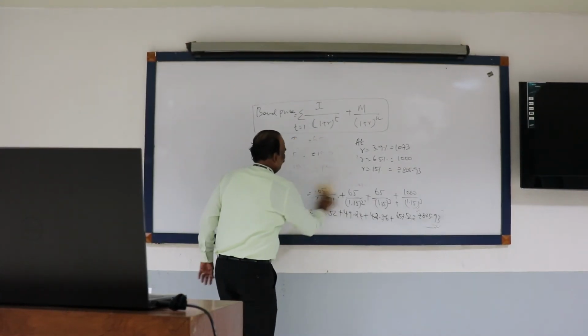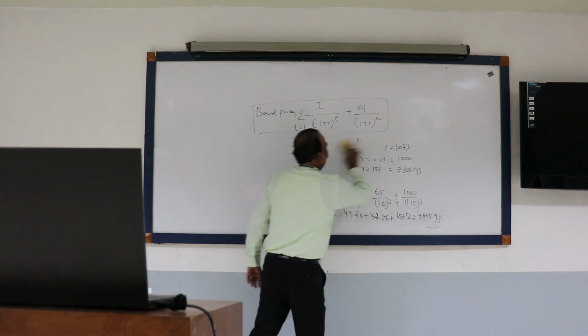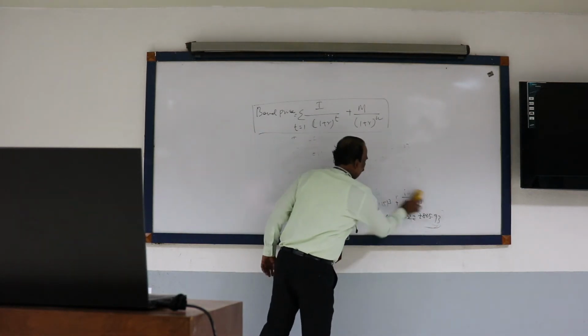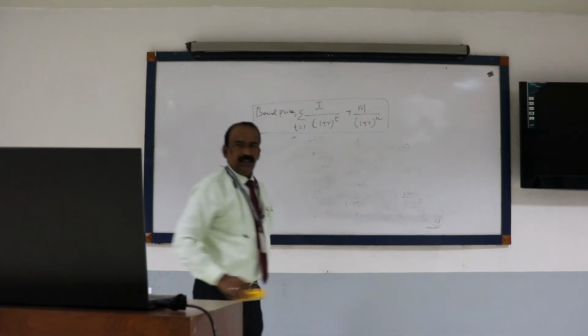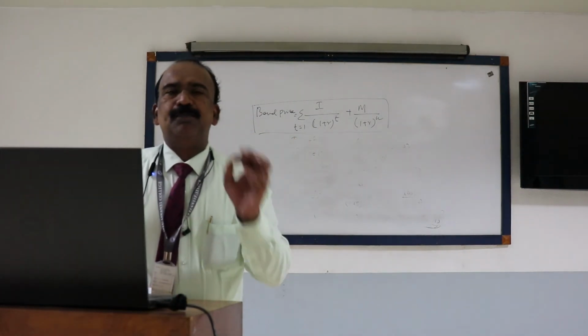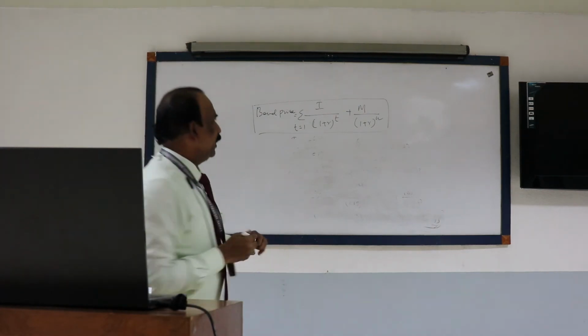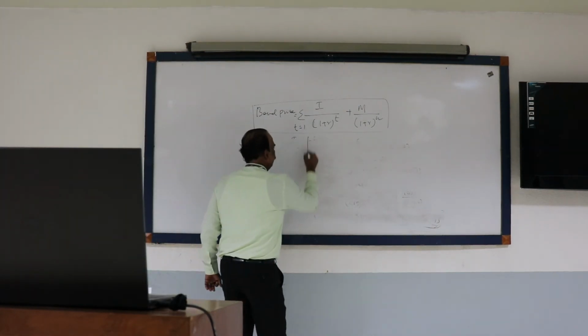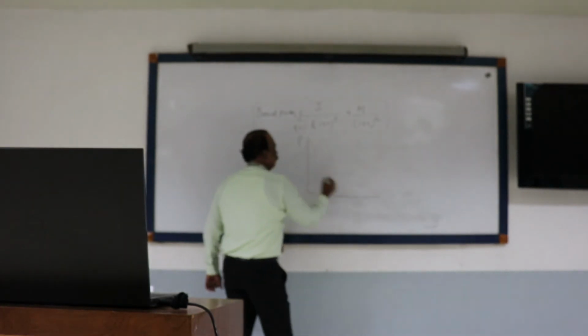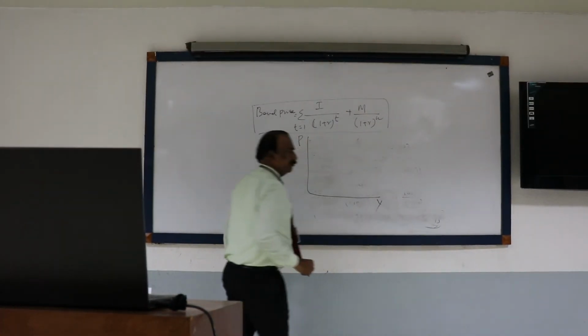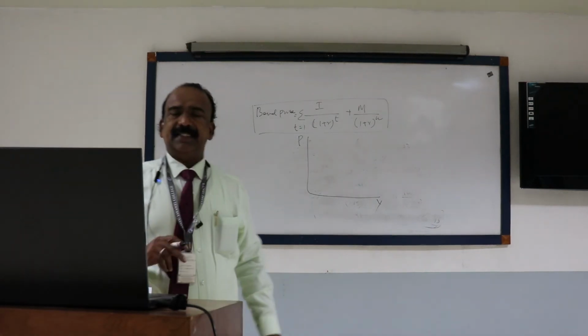Oh, very good. So the first theorem that we are talking about today is the relationship between bond price and yield. The Y-axis is the price, the X-axis is the yield.